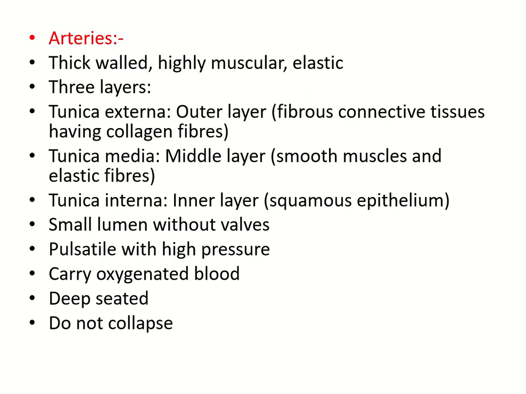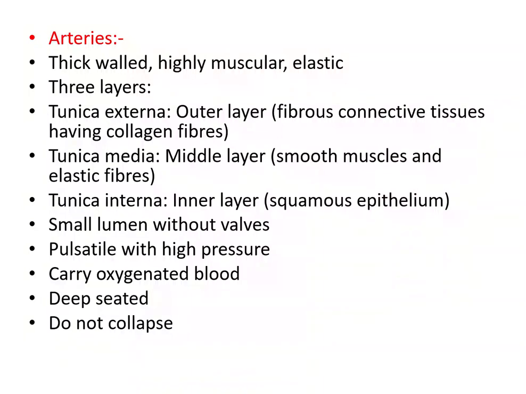Now the arteries, which are thick walled, highly muscular, elastic and distensible. Also they are made up of 3 parts: tunica externa, tunica media and tunica interna. Their lumen is small as compared to the veins. Their lumen is without valves because the blood is pumped with a very high pressure, so they are pulsatile.